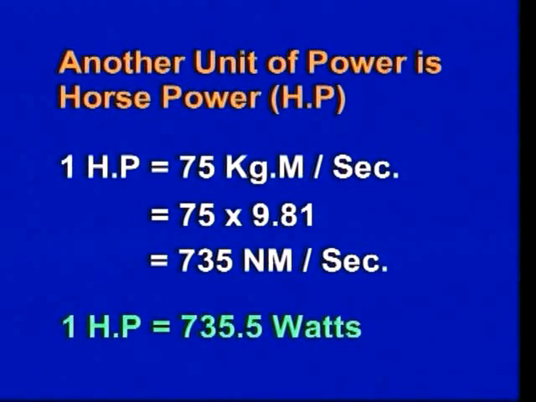Another unit of power generally used for machines is horsepower, that is 1 HP. 1 horsepower is equal to 75 kg meter per second. This is in terms of gravitational units. So this value becomes 75 into 9.81, where 9.81 is the acceleration due to gravity.